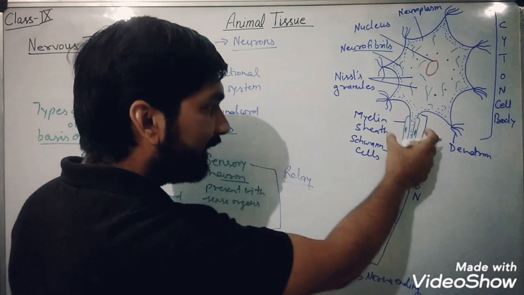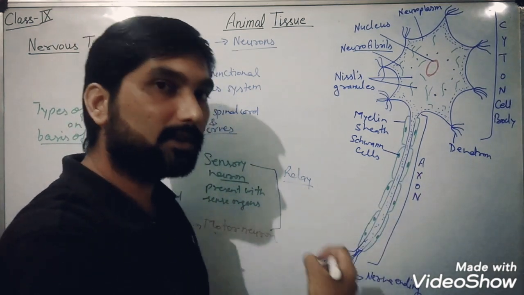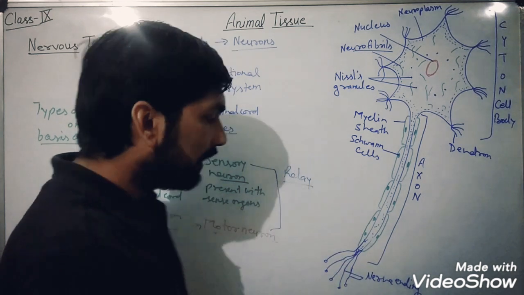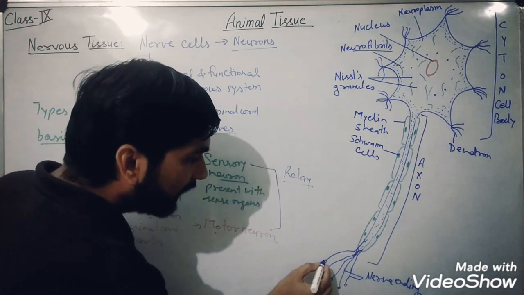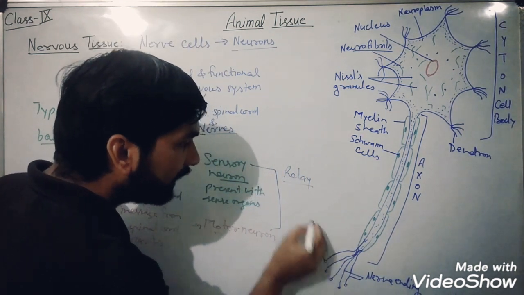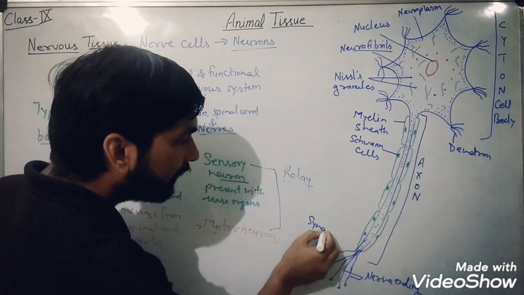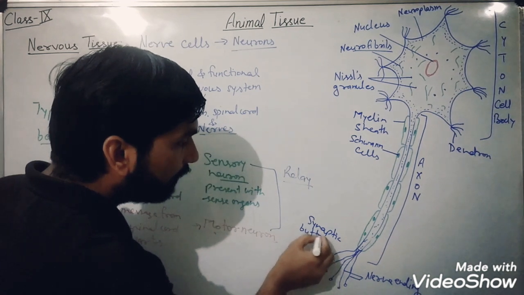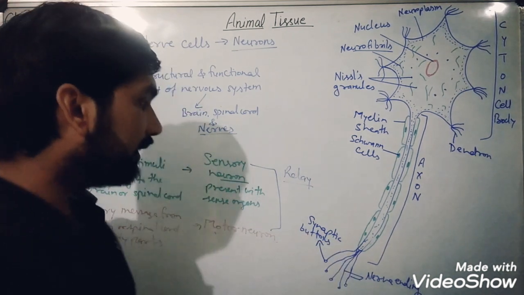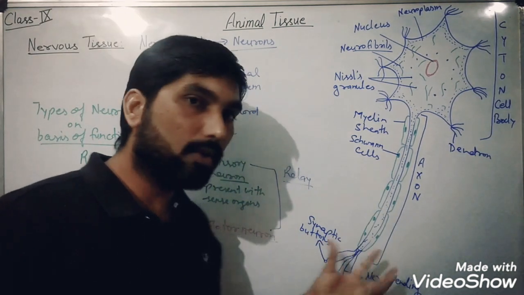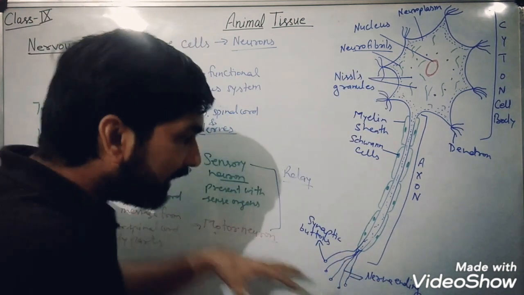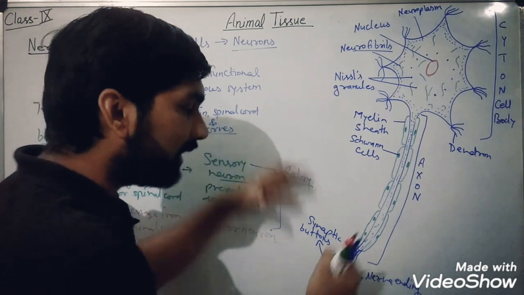From the cyton, the axon receives the signal and transfers it to another neuron. These are the buttons, which we can also call synaptic buttons. At the junction of two neurons, one neuron ends with the nerve ending, and another neuron starts from here.